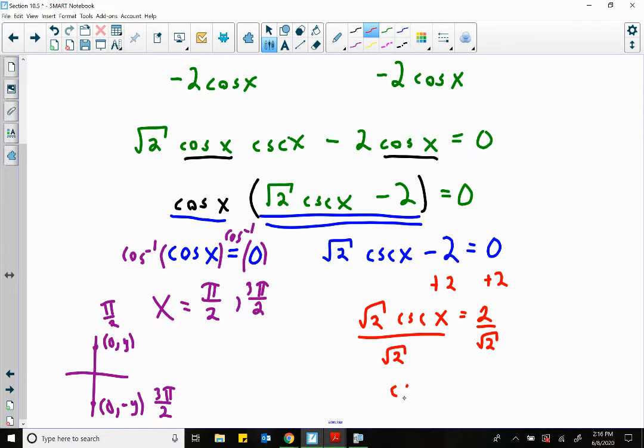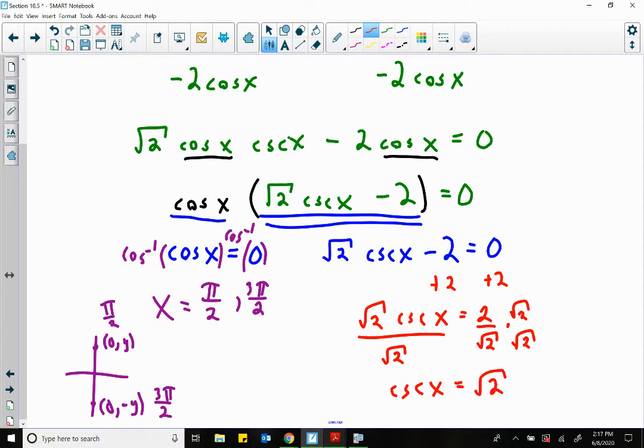So cosecant x is equal to, now remember, we do not like radicals in the bottom, so you have to rationalize: square root of 2 over square root of 2. When all is said and done, you end with the square root of 2. So we want to know, when is cosecant x equal to the square root of 2?